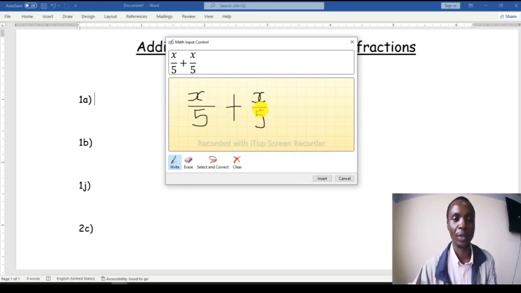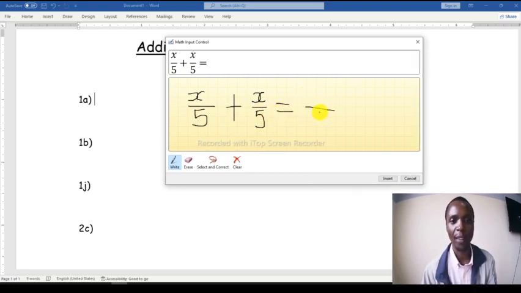What we simply do is, in the answer, we only need to maintain the same denominator. Our denominator here is 5, so we maintain the same denominator there.